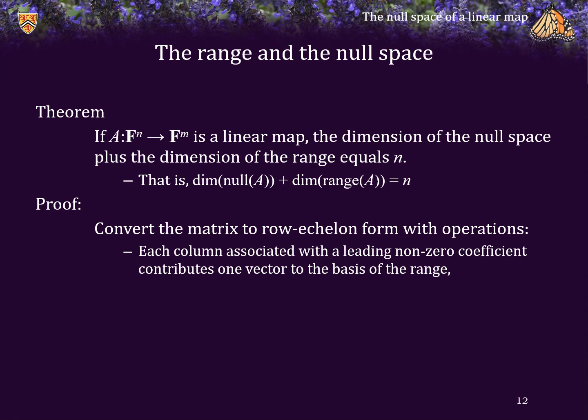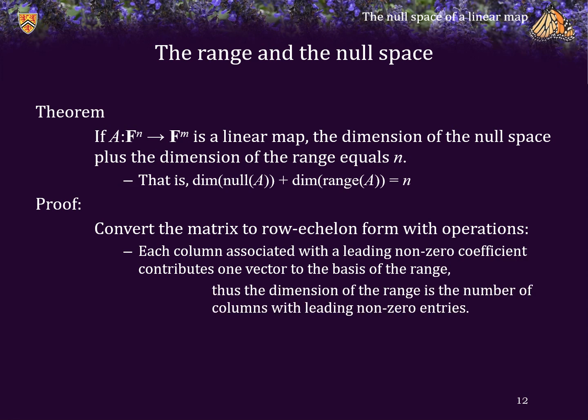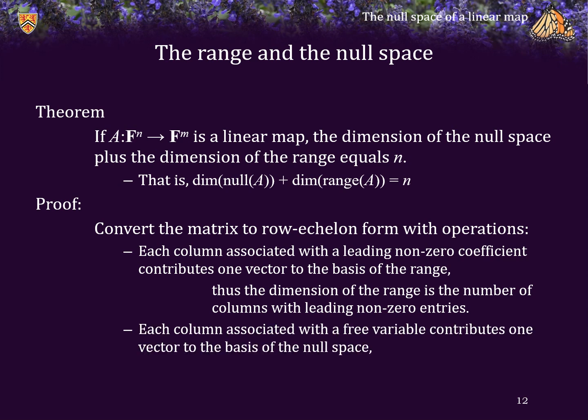Once it is in row echelon form, each column associated with a leading non-zero coefficient contributes one vector to the basis of the range. Thus, the dimension of the range is the number of columns with leading non-zero entries. Each column associated with a free variable contributes one vector to the basis for the null space.